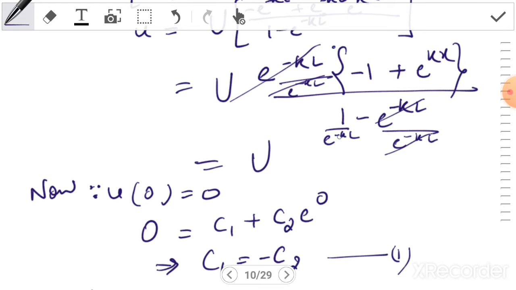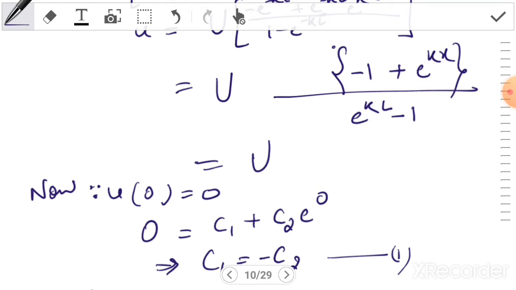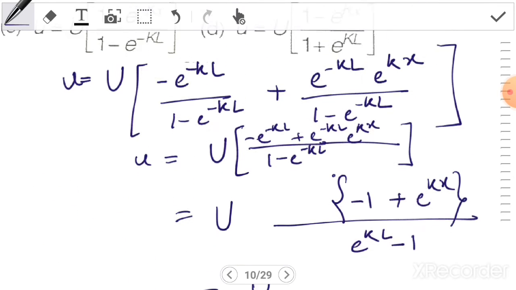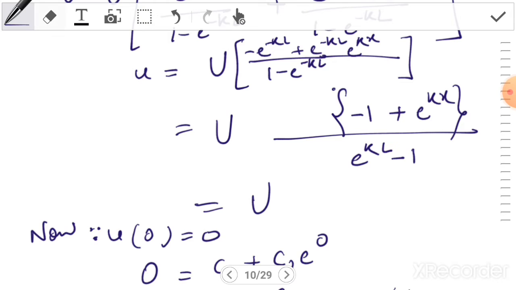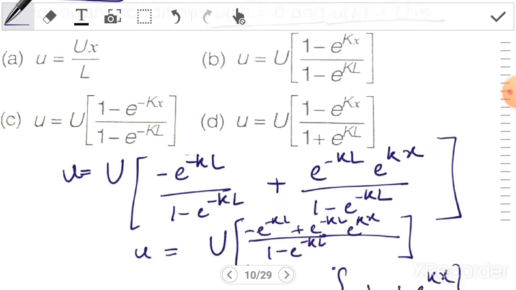So this will be e power kl minus 1. Then we have 1 minus.